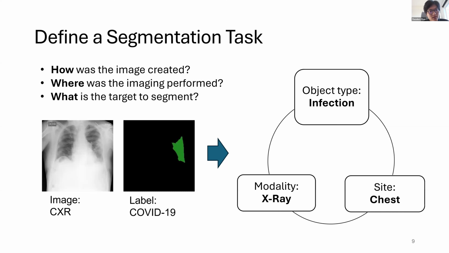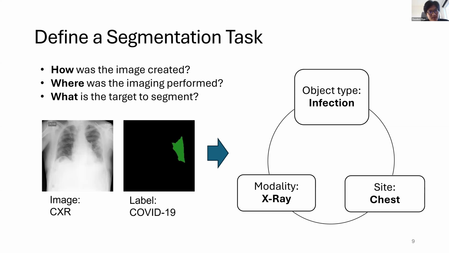The second is where the imaging was performed. Is it in the chest, or in the abdomen, or in the lower limb, or is it the brain? That way the model can tell which part I should be looking at and what the possible anatomies in this image are. And the last one, the most important one, is what is the target to segment?